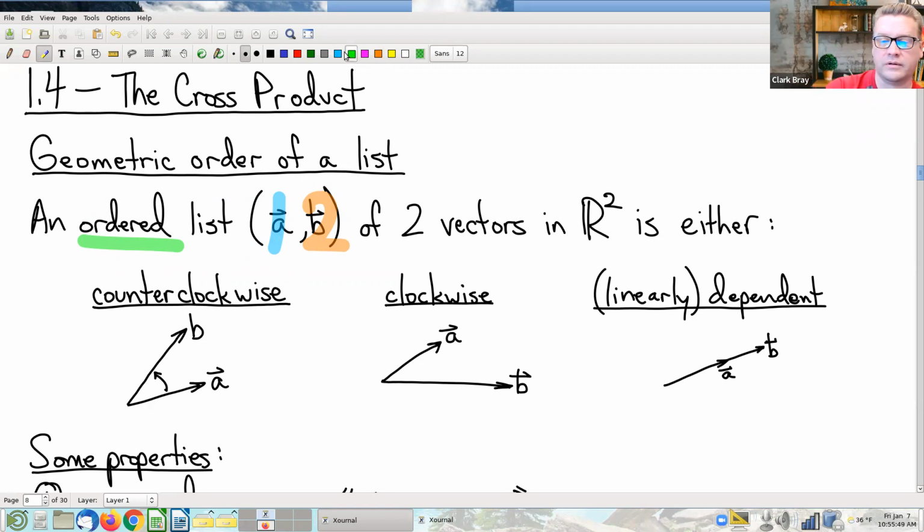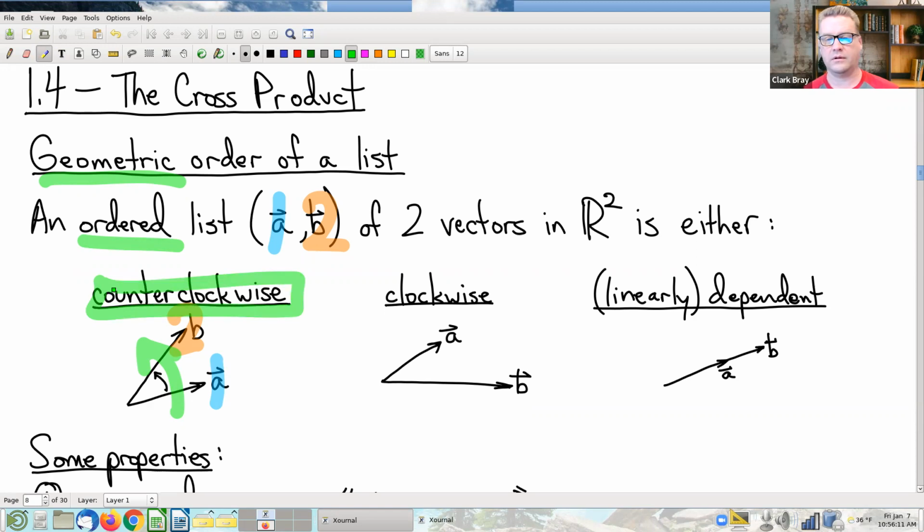The order makes a geometric concept, and specifically, now notice, for example, if A were this vector, the first one, and B were, let's say, that vector, the second one, what's geometrically natural is that the way you go from first to second is unavoidably counterclockwise, right?